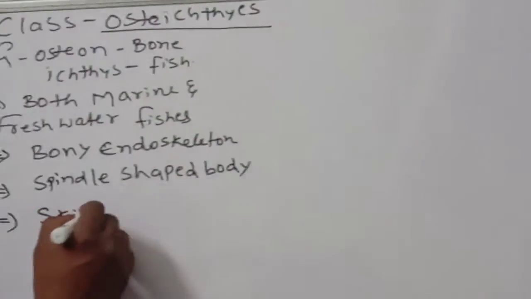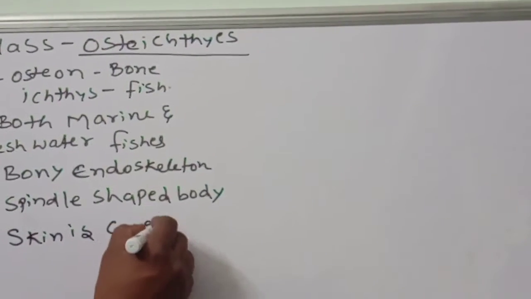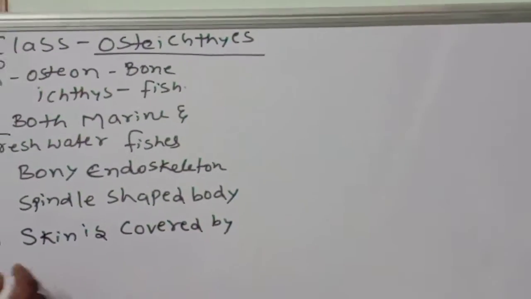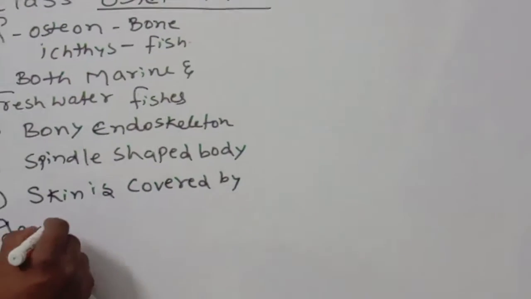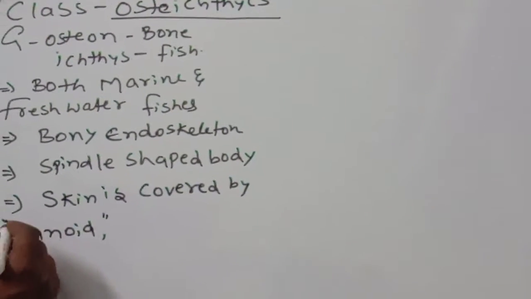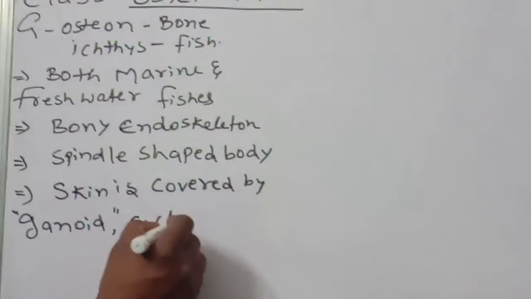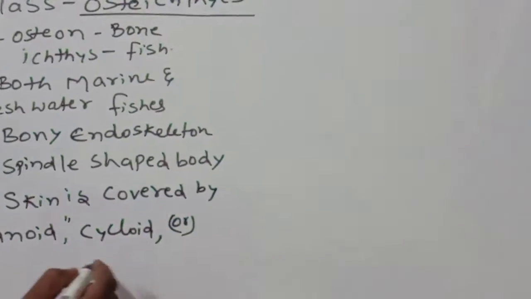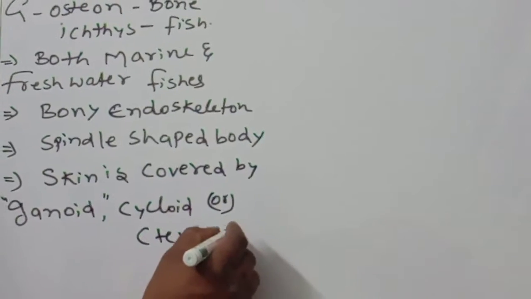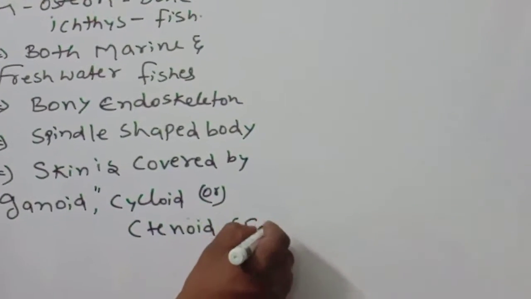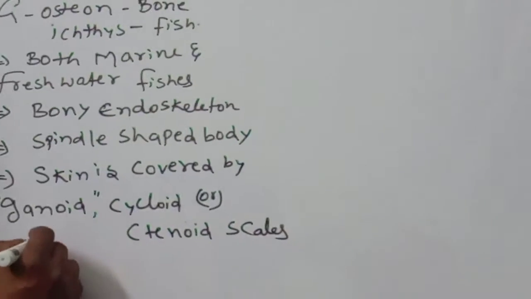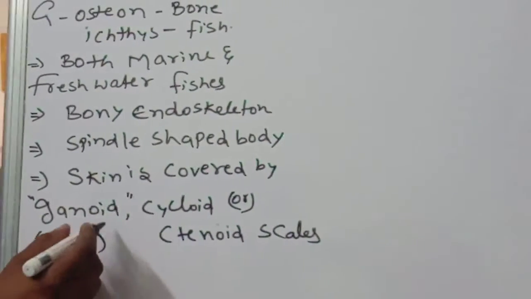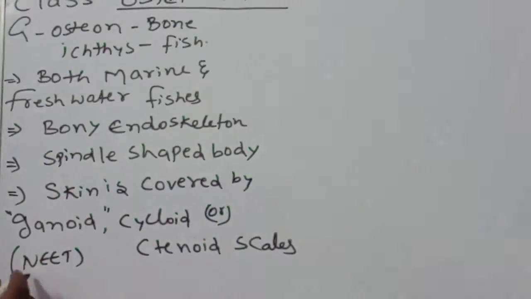The skin is covered by ganoid, cycloid or ctenoid scales. The Osteichthyes skin is covered with ganoid, cycloid, ctenoid scales.